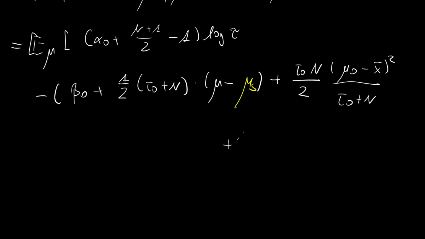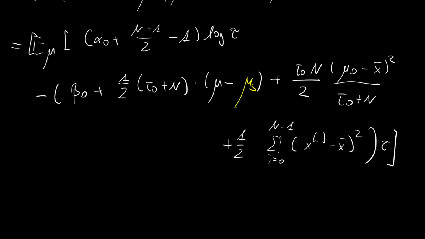And then lastly, we have 1/2, and then we have the summation term, i from 0 to capital N minus 1, of x i minus x bar in brackets squared, then closing brackets for this one, times tau, and then closing brackets for the expectation. And then we see if we apply the expectation to each of these components here, first, this one doesn't change, because the expectation over something that does not contain mu, when we take the expectation over mu, is just whatever we're taking the expectation over.